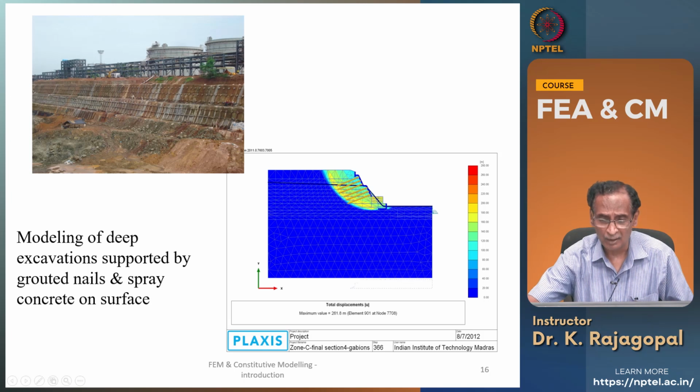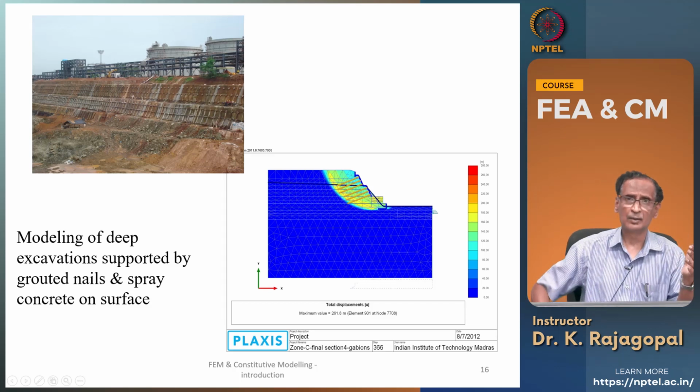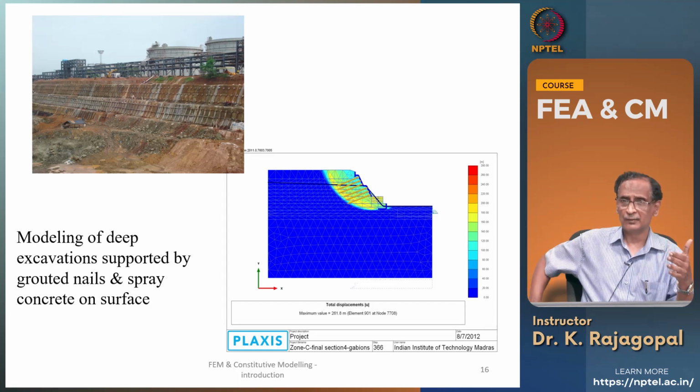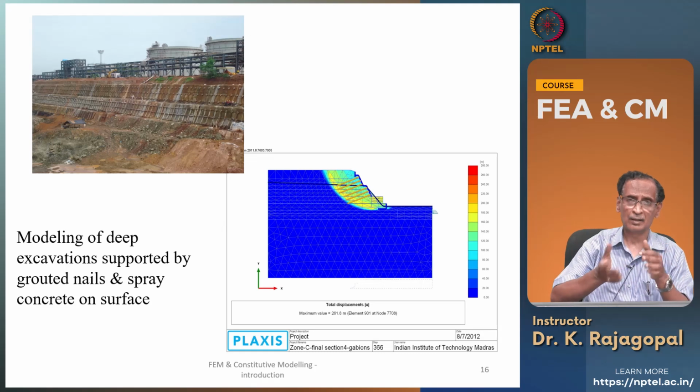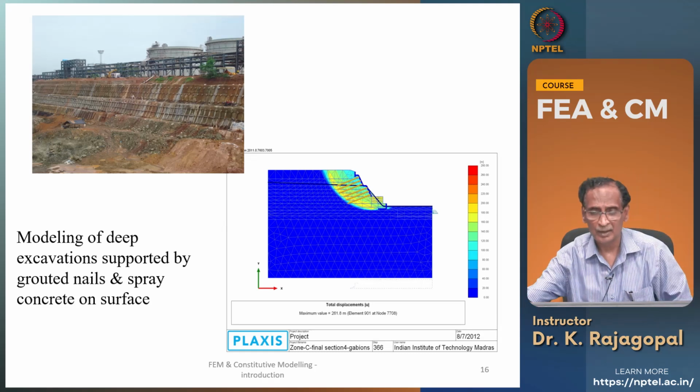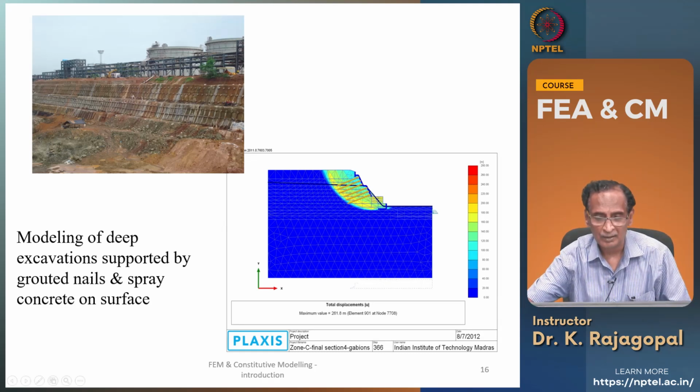Here you see some soil nails, and here you see this phreatic surface; we can simulate the different phreatic surfaces based on the rainfall that we have, and we can see what is the most likely possible rupture surface, and then we can also get our factor of safety.